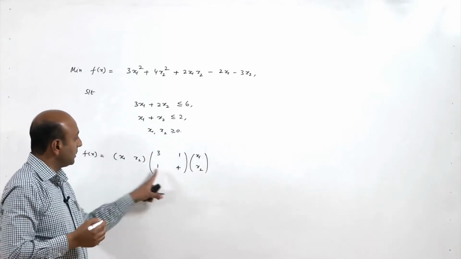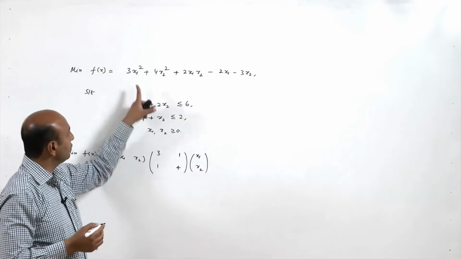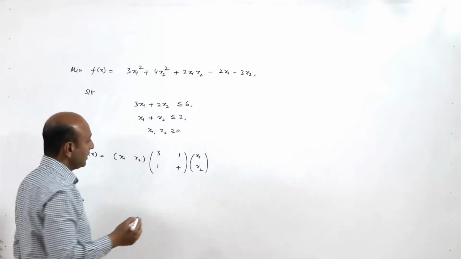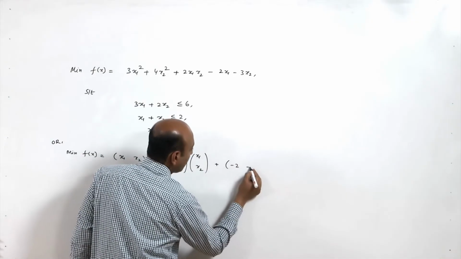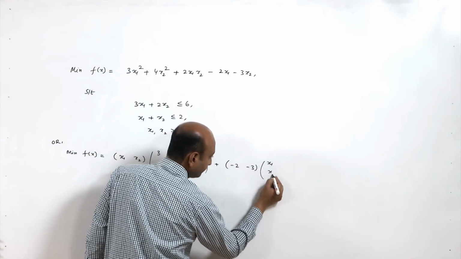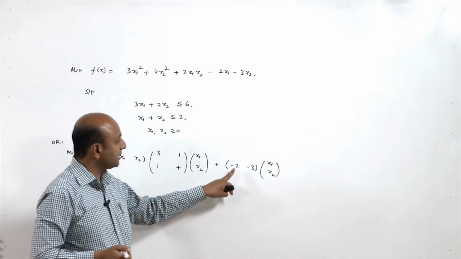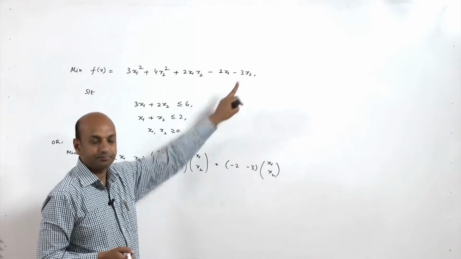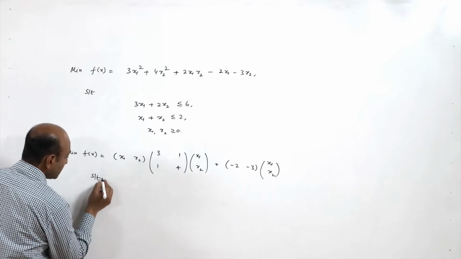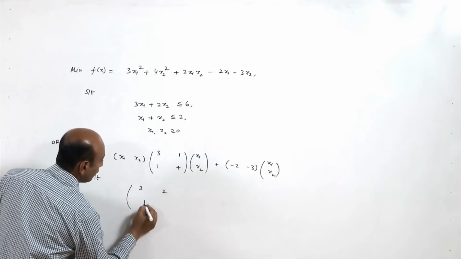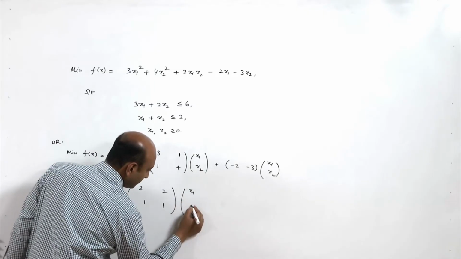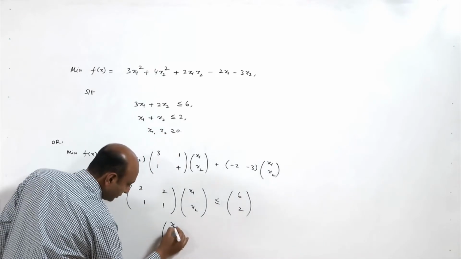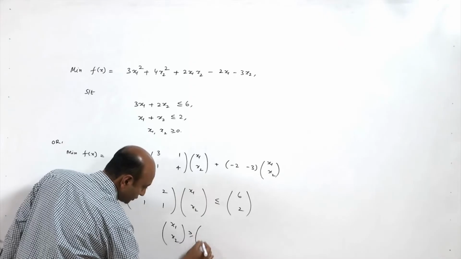When you multiply these 3 matrices, you get back 3x1 square plus 4x2 square plus 2x1x2, which we can readily see, plus [-2 -3] times [x1 x2]. When you multiply these two, it is nothing but minus 2x1 minus 3x2, which is the linear part of the objective function. Subject to the conditions: the matrix 3, 2, 1, 1 times [x1 x2] less than or equal to [6 2], and x1, x2 are greater than or equal to 0, 0.